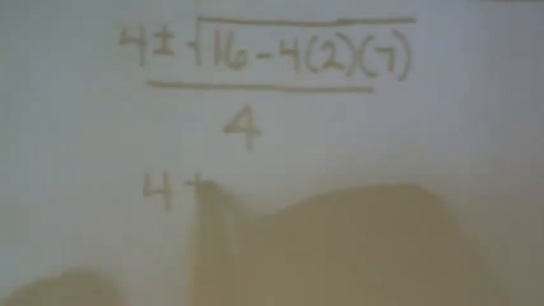This should be, start over, 4 plus or minus, it's b squared minus 4 times a times c. It's 7. I don't know why I had negative 7 over 4. Let's start over. 4 plus or minus, my apologies, 16, that's minus 56. So this is going to be negative 40, right?